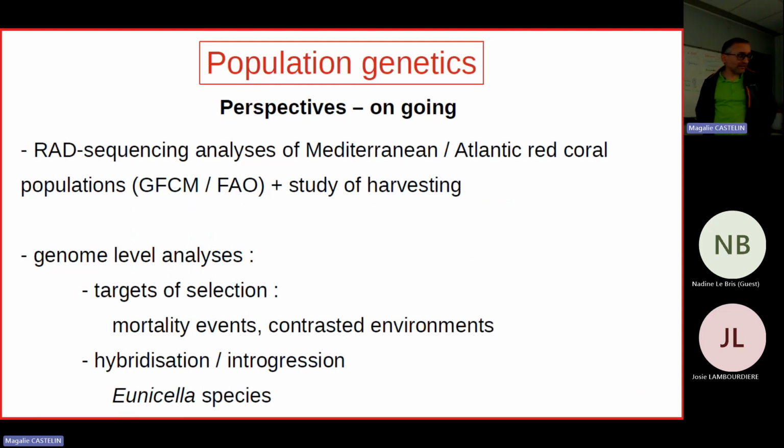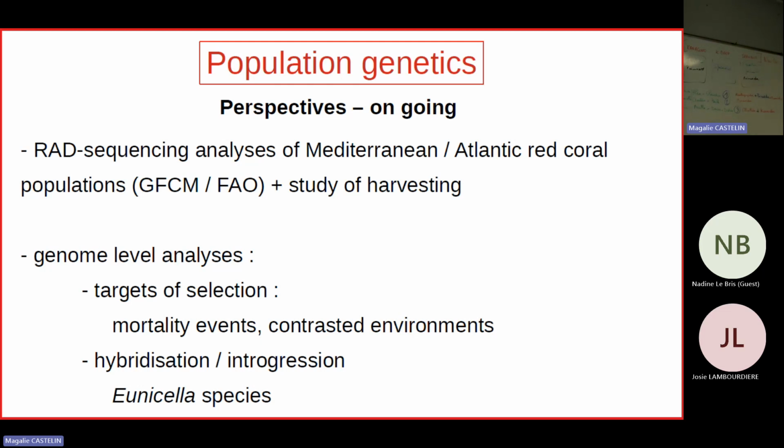So, last slide, what we are going to do on this population genetic work on gorgonians, there are two things which are ongoing. First, for the red coral, we have a project about RAD sequencing, analyzing populations along almost the whole range of this species.